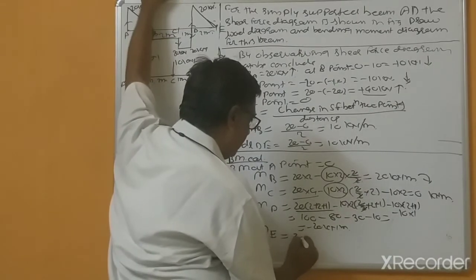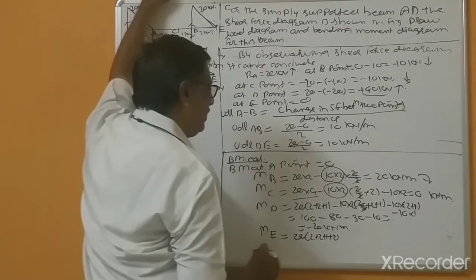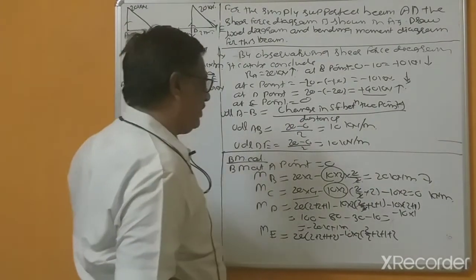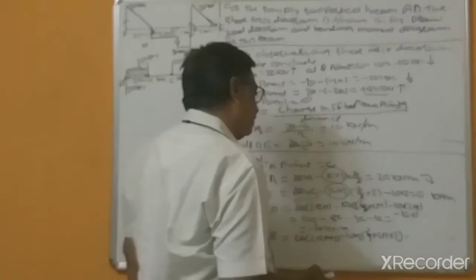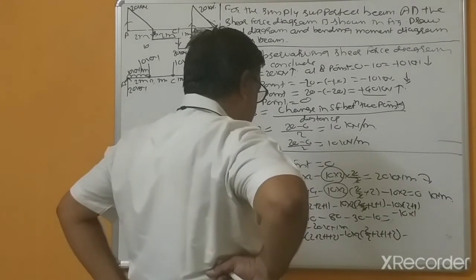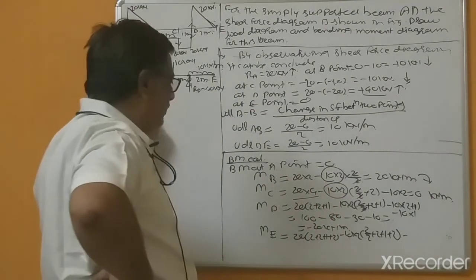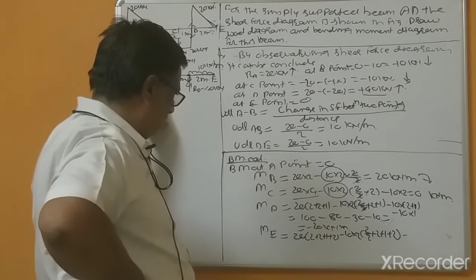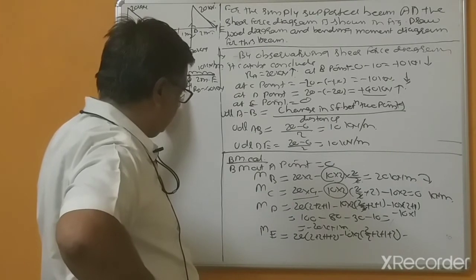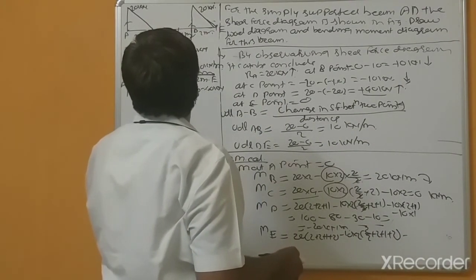So only for checking purpose, 20 into 2 plus 2 plus 2, right, minus 10 into 2, and this 2 plus 1 plus this distance additional 2 meter, minus 10 into 2 plus 1, alright, this is 30, this is 20, right.